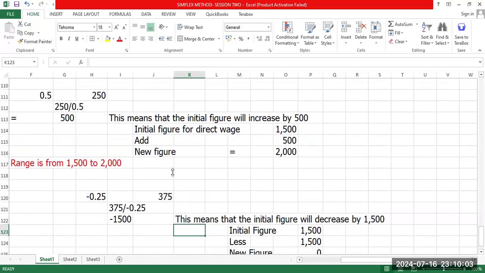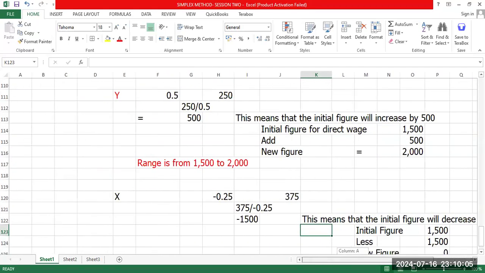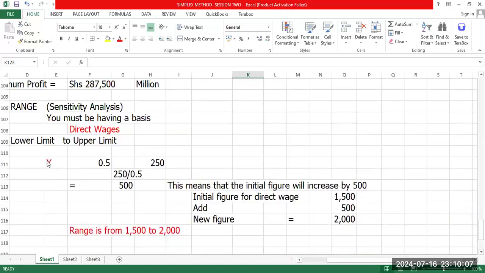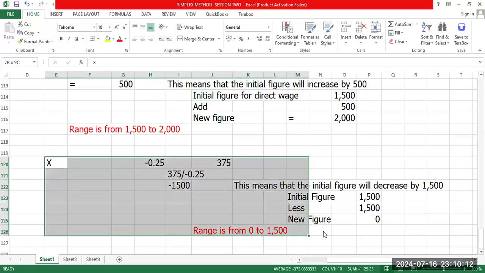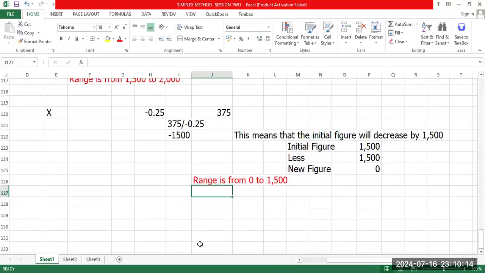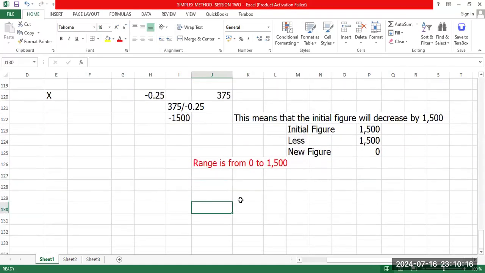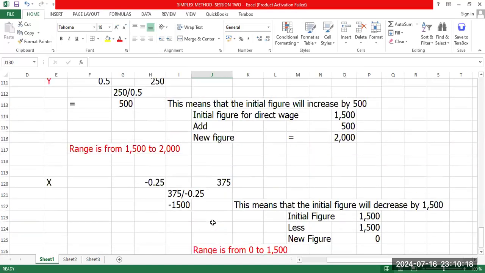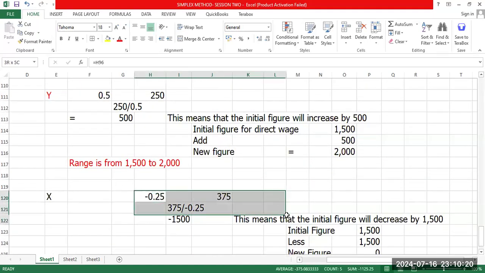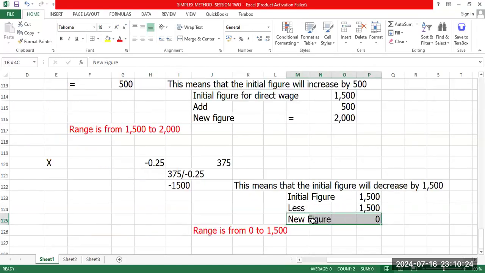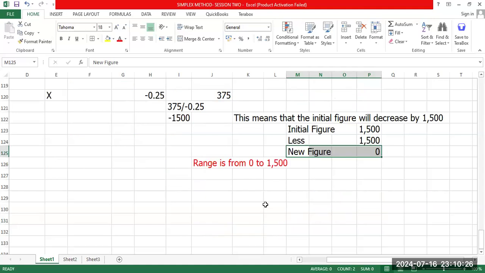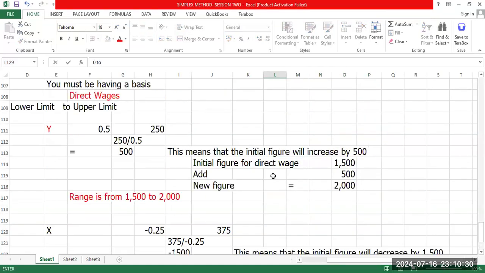Some people decide to work one by one, but you will meet other textbooks where they decide, okay, if I have done this, I can now just compare the new figure with the new figure. And you find that for them, they are saying it is 0 to 2,000.